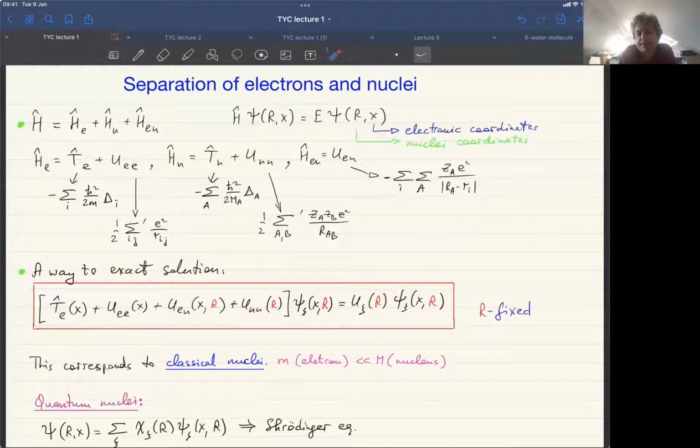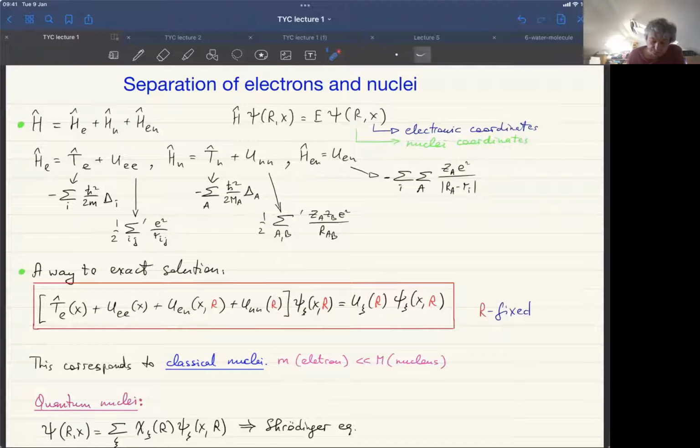So these are 2 types of particles, electrons and nuclei. Nuclei are bosonic type particles, electrons are fermionic-like particles. So you will have a hybrid wave function, and the Hamiltonian depends, of course, on both.